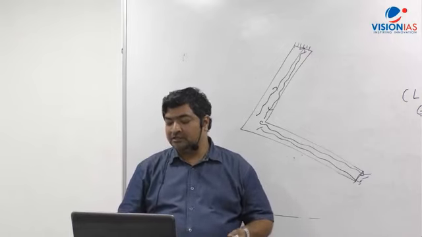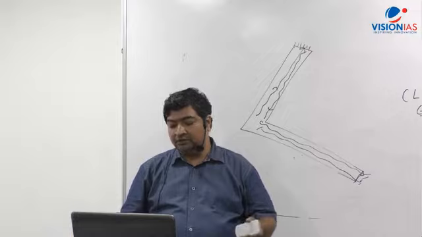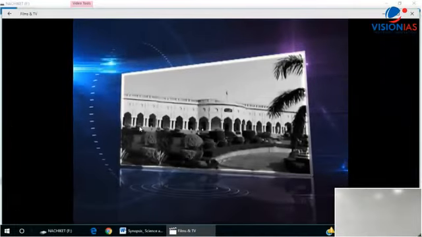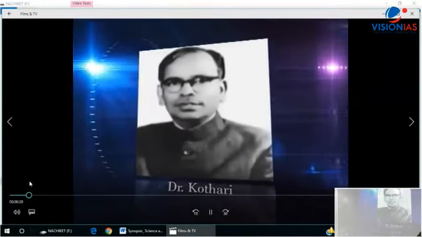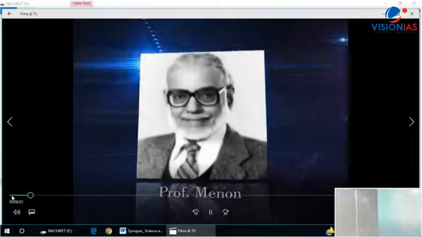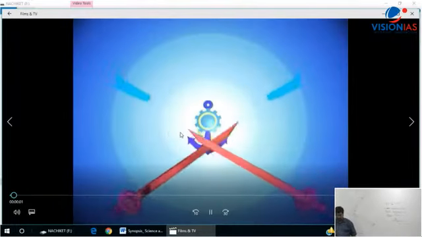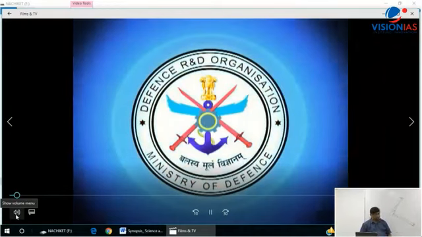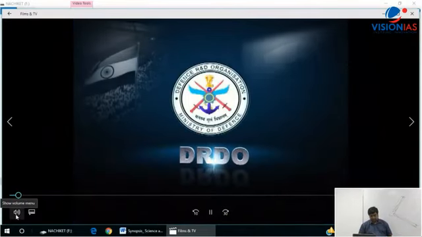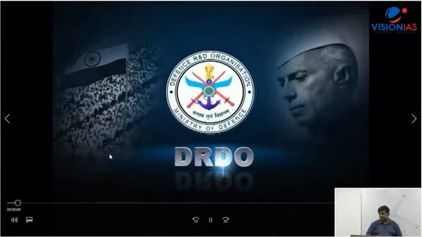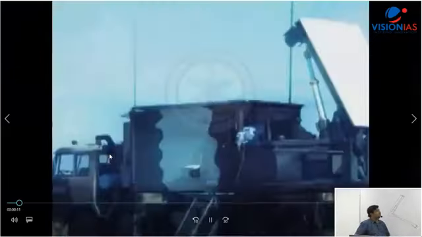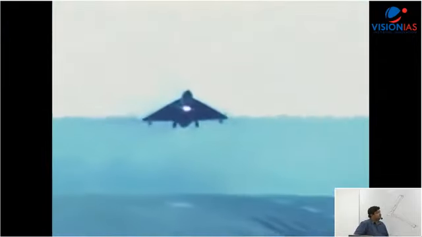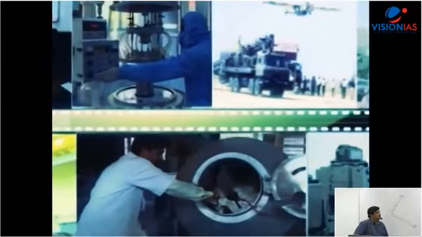Now look here, there's DRDO. Organization for Indian defense requirements. Over years, with the leadership of eminent scientists like Dr. Kothari, Professor Menon, the Defense Research and Development Organization, DRDO, has stemmed out from the vision of India's first Prime Minister, Pandit Jawaharlal Nehru, to develop an independent research organization for Indian defense requirements.